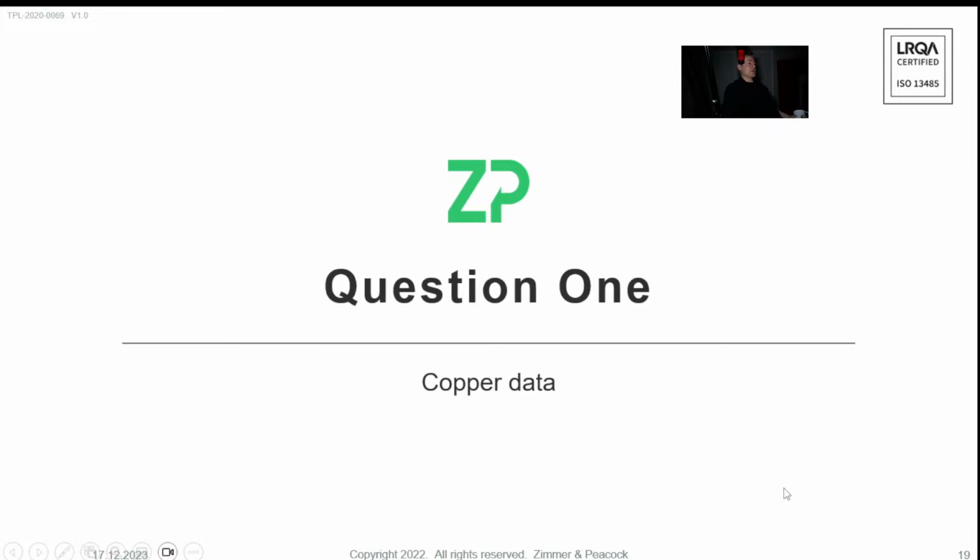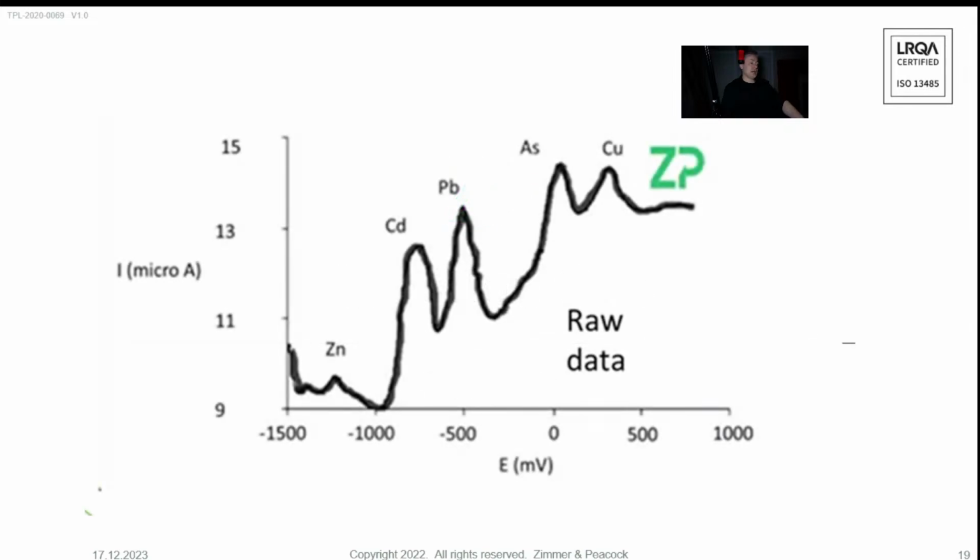Question number one, though, is about some copper data. Somebody's doing some anodic stripping voltammetry, which is a good way of being able to detect heavy metals, and also quantify them in samples such as water. People are quite interested in mining tailings, where materials from mines leach into the local rivers, and then you can detect the heavy metals.